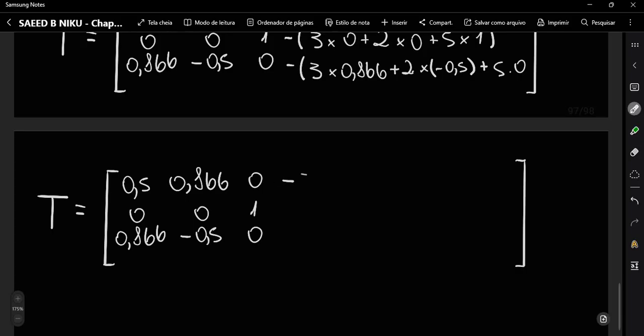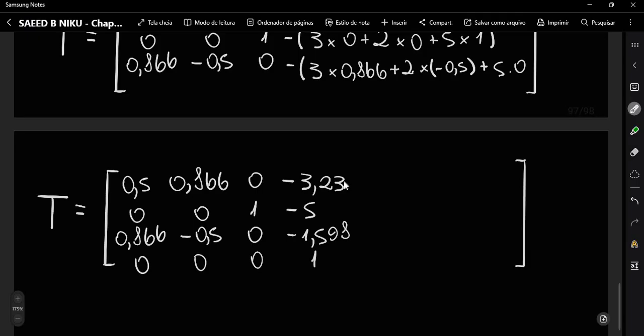Minus 3.23, minus 5, minus 1.589, and adding the scale factor, so we keep this matrix in its quadratic form.